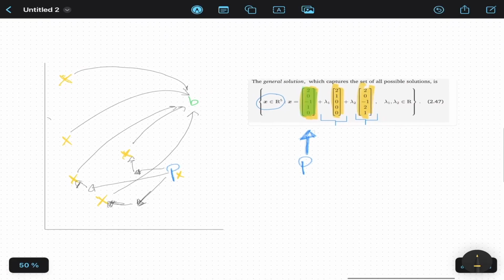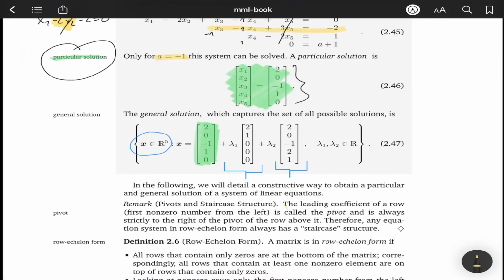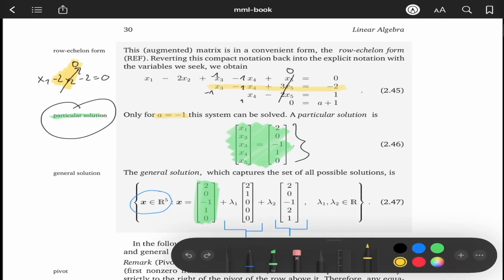I think this is quite important to understand: we start with our particular solution, which is also a solution, and then we add these two vectors. Now the question is, why these two vectors? My guess is that we had 2 cases where we still had a variable left while trying to reduce it.